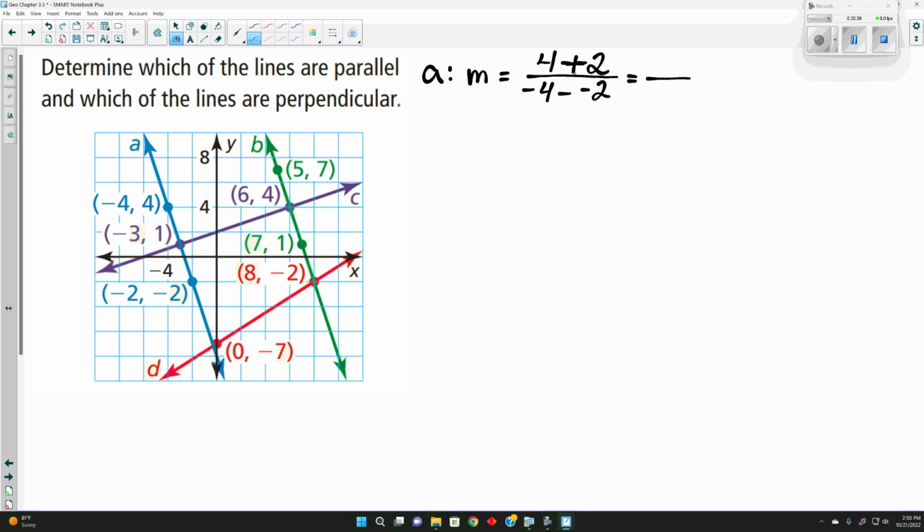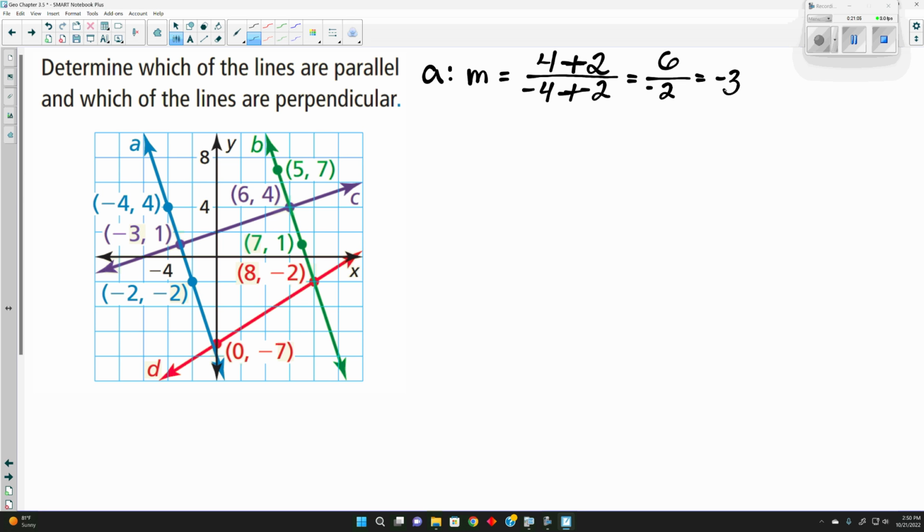Negative on top, so 4 plus 2 is 6. On bottom, we have -4 minus -2, which is -4 plus 2, which is -2, and 6 divided by -2 is -3. So if we had a line parallel to A, its slope would be -3.